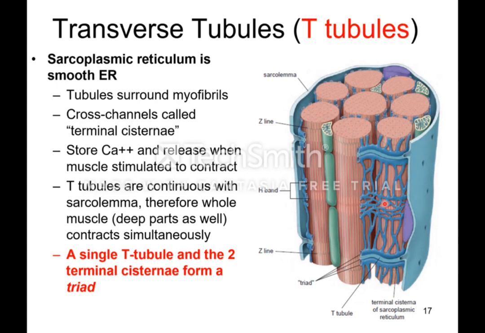The skeletal muscle also includes the sarcoplasmic reticulum that stores calcium ions. When the muscle is stimulated to contract by nerve impulses, this calcium is released from the sarcoplasmic reticulum.